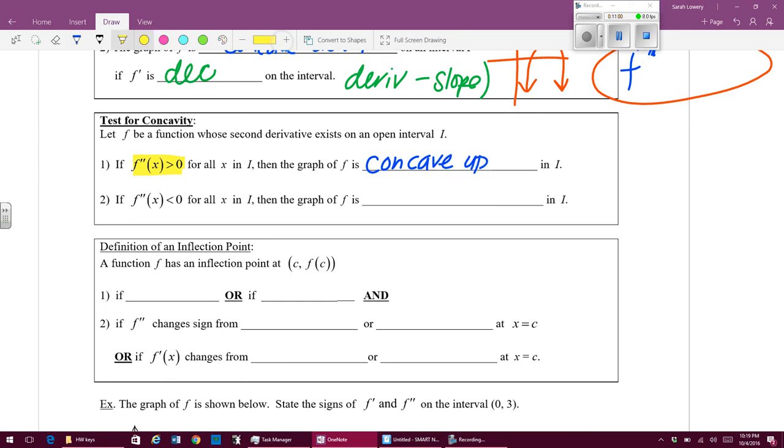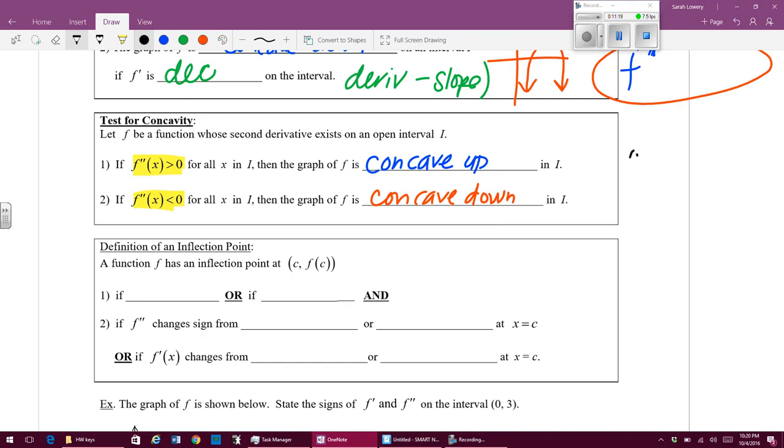We also know that if the second derivative is negative, the function is concave down. Which now brings us to our fun chart, which we've only kind of partially filled in.